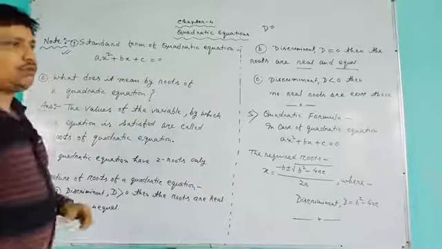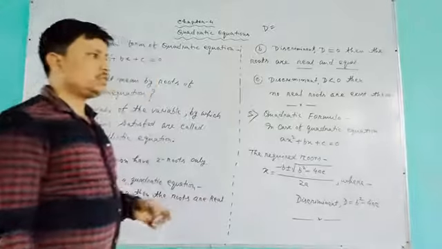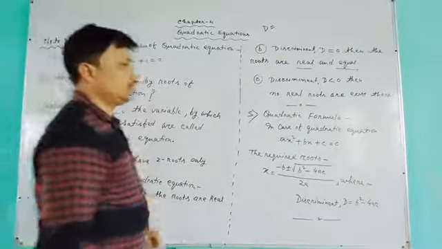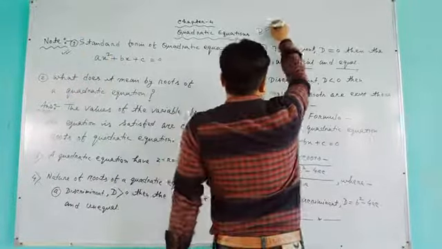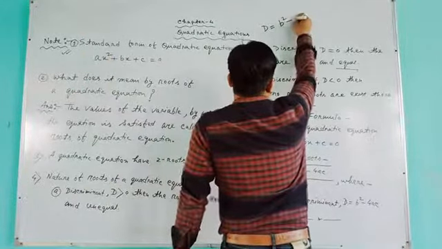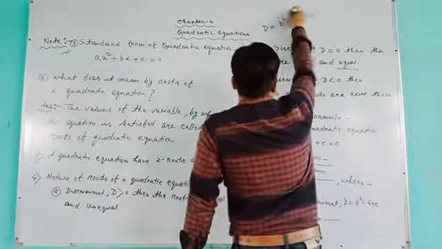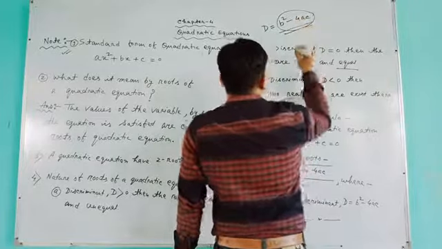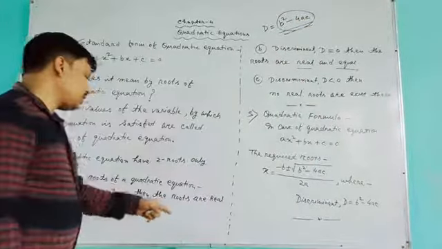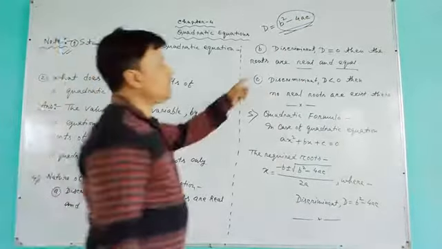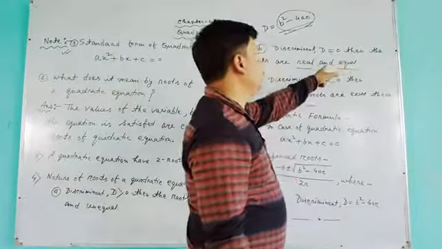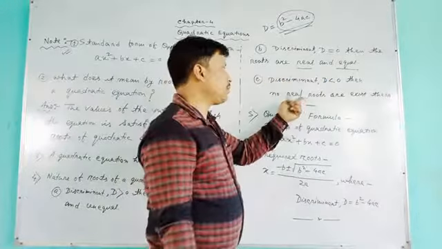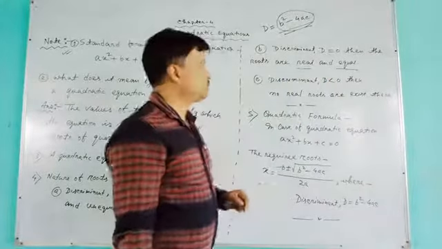On the basis of a, b, c, there is one expression called the discriminant, that is b squared minus 4ac. If the discriminant value is bigger than 0, roots are real and unequal. If equal to 0, roots are real and equal. If less than 0, meaning a negative number, then there are no real roots.